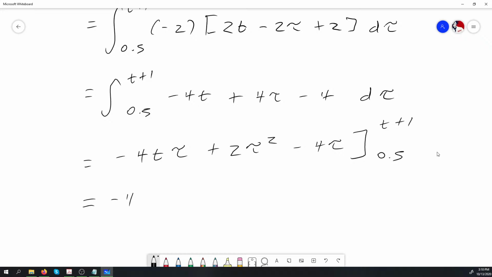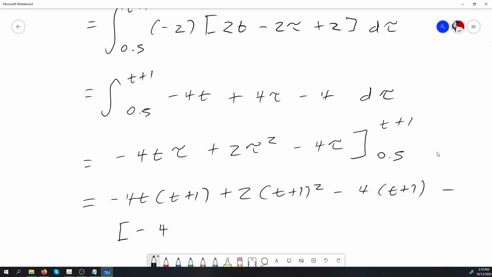So this becomes minus 4t into t plus 1, because remember we're doing the limit evaluation with respect to tau, plus 2 into t plus 1 all squared minus 4 into t plus 1, minus, and let's open our brackets here, into minus 4t, and that's multiplied by 0.5, so this becomes minus 2t here, plus 2 into 0.5 all squared, minus 4 into 0.5.